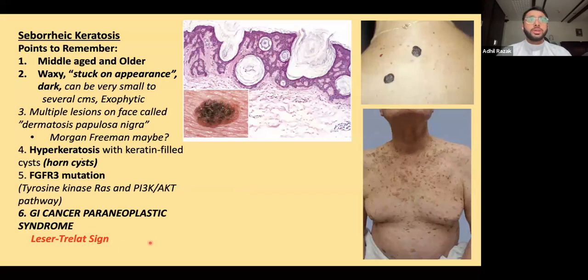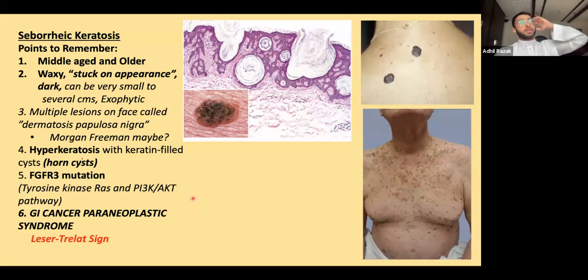On your Step 1 exam, it could be a scenario where a patient has a GI cancer and you're asked what other manifestation he has, or the other way around: a patient with a bunch of stuck-on exophytic lesions on their body. This particular sign is called the Leser-Trélat sign.